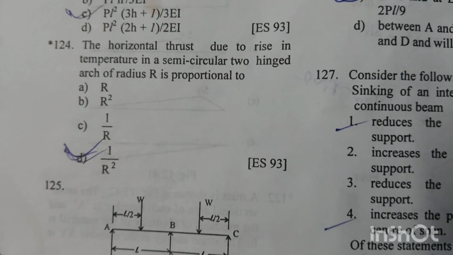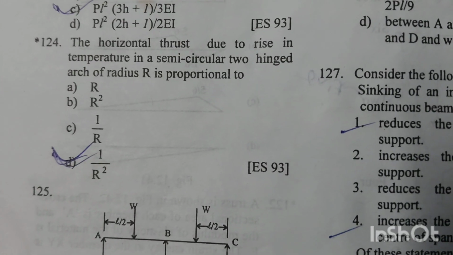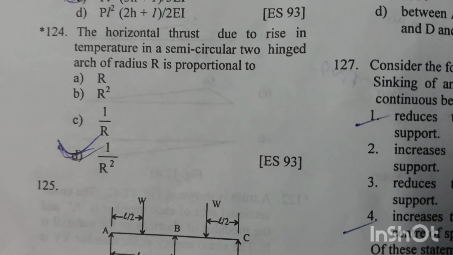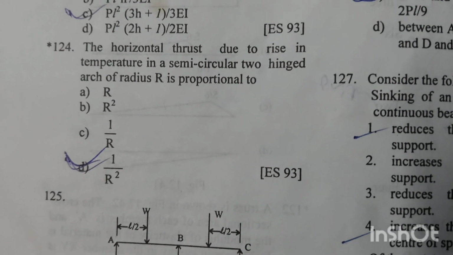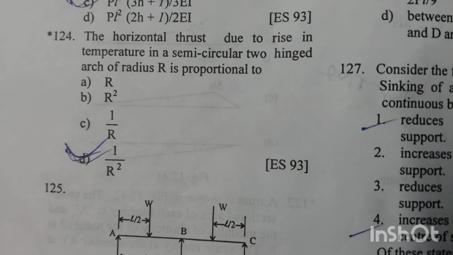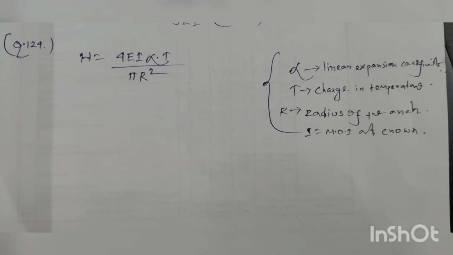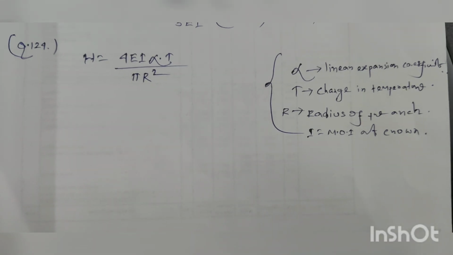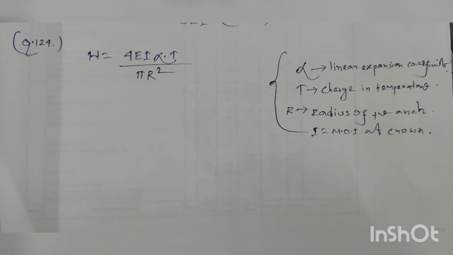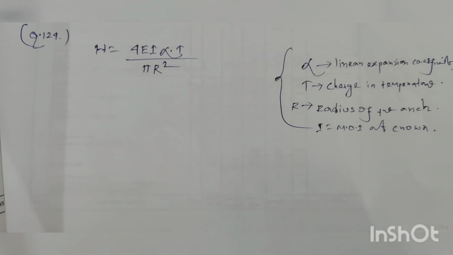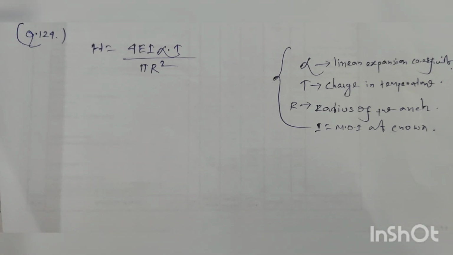Question number 124. The horizontal thrust due to rise in temperature in a semicircular 2-hinge arch of radius r is proportional to, we know the formula for horizontal thrust. H for a 2-hinge semicircular arch is equal to 4EI alpha T divided by pi r square.